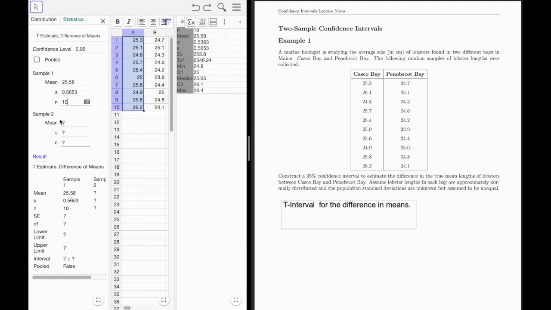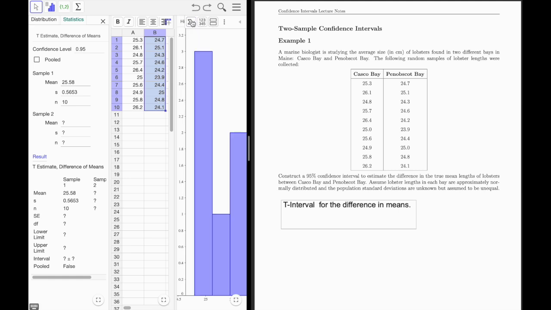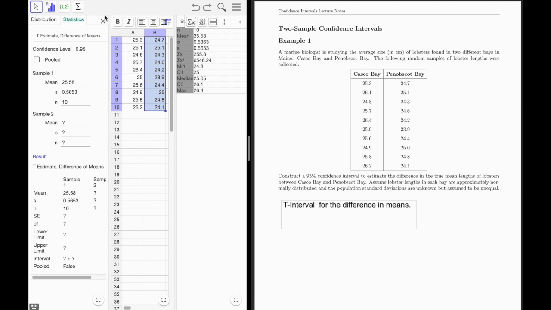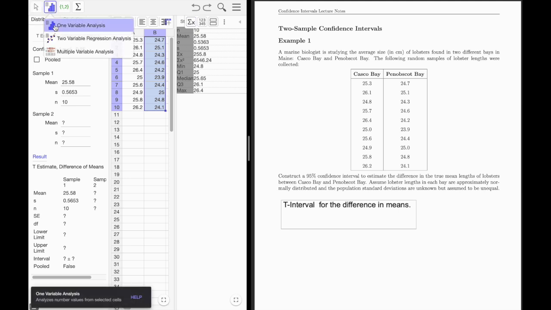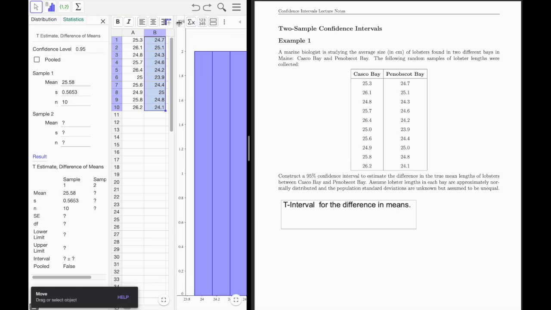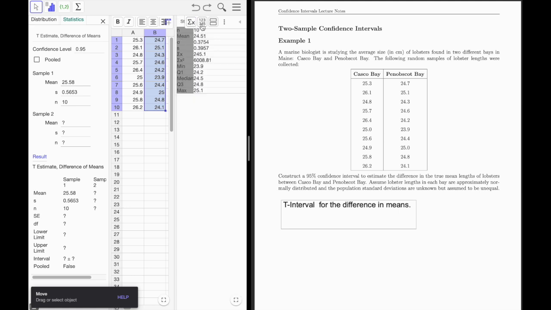So now we have to find all that same information for the second sample. I'm going to highlight my data from column B, click on One Variable Analysis and Show Statistics. And then we can see here that the sample size is 10.